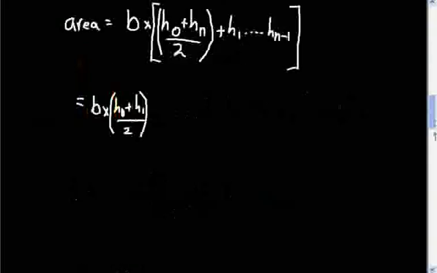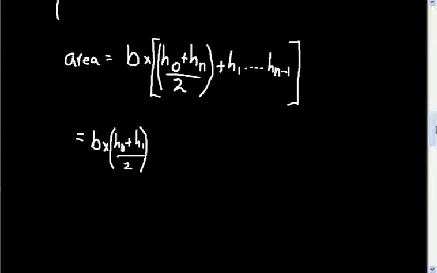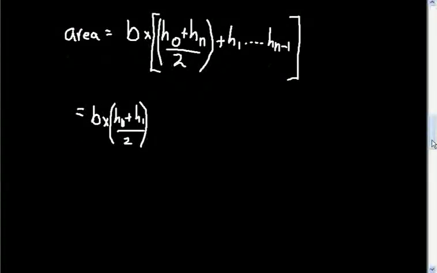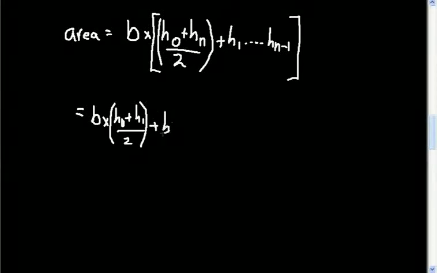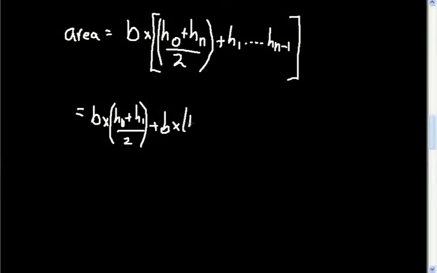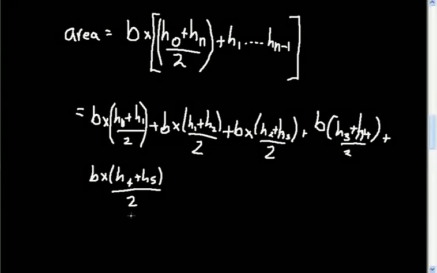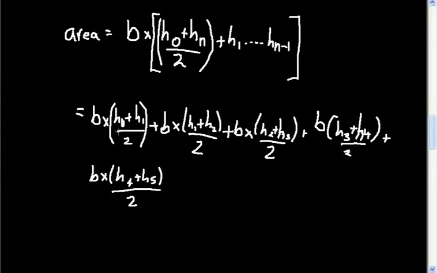The second trapezium would be b times (h1 plus h2) divided by 2. Similarly you keep doing this until you work out the areas of each of the trapezia. So that's the area of each of those strips.